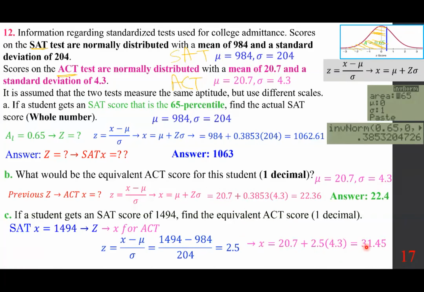And sigma 4.3, 31.45. They want 1 decimal. So it's 31.5, meaning if you scored 1,494 on SAT, your Z score is 2.5, and it is the same as scoring 31.5 on ACT. That's the meaning of it.